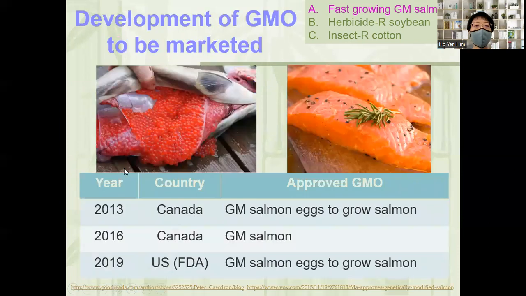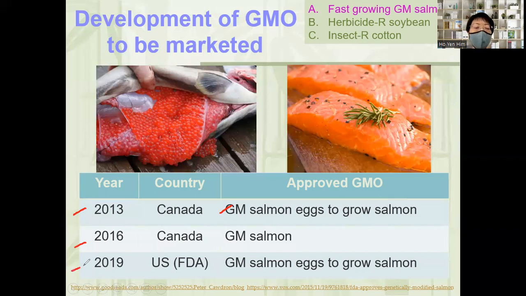Okay, so on the left, you see a lot of eggs, right? Salmon eggs. So after development of the GMO, in the year 2013, Canada allows GM salmon eggs to be used to grow new salmon. In 2016, Canada allowed GM salmon to be sold to the consumer like us.